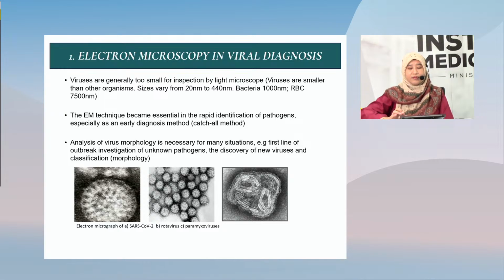One of the important factors of EM is the rapid catch-all method. This became very crucial for the rapid identification of pathogens, especially as an early diagnosis method or during outbreaks of unknown pathogens, and for classification of pathogens based on their morphology. These visualizations of virus particles provide a direct image at the nanometer scale, unbiased by their genomic material, whether DNA virus or RNA virus.